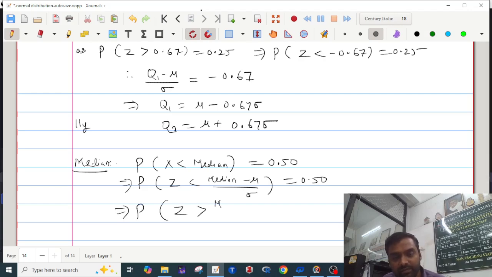gives probability of z greater than median minus mu upon sigma, again equal to 0.50, and you know that probability of z greater than 0 is 0.50. Therefore median minus mu upon sigma equals 0.